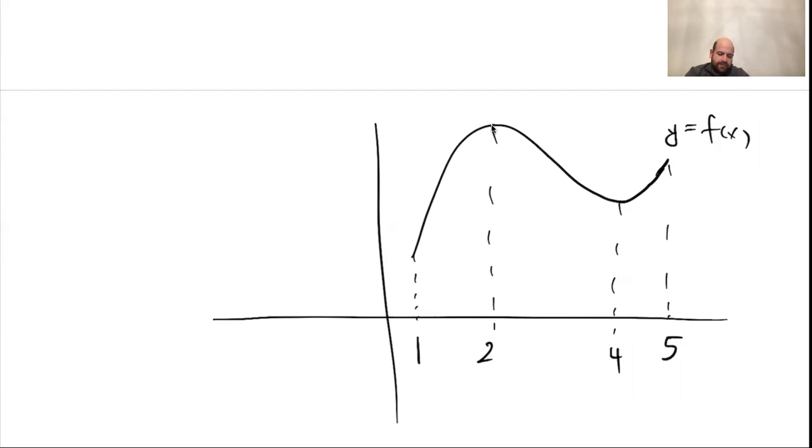This y value is some number. We don't know exactly how much because it's not given, but it's definitely largest compared to all other outputs. It's bigger than f of 1, bigger than f of 1.5, 2.5, f of 5. f of 2 is the biggest one.